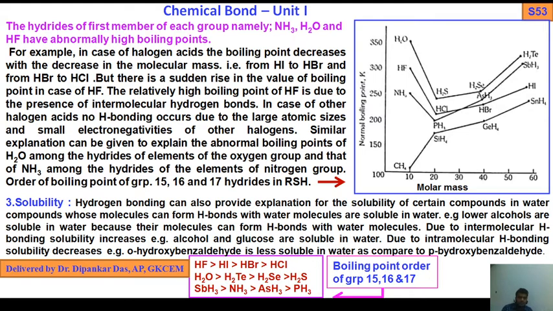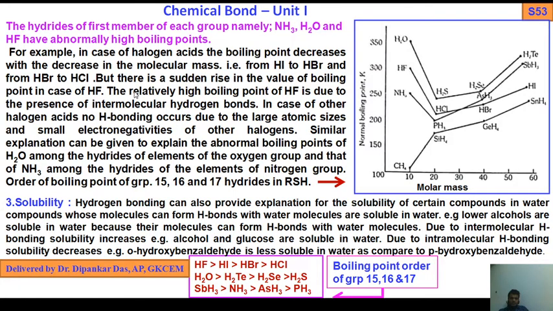So again I tell you, in the case of halogen acids, the boiling point decreases with decreasing molecular mass. If molecular mass decreases, then boiling point also decreases, from HI to HBr and HBr to HCl. But there is a sudden rise in boiling point in the case of HF.